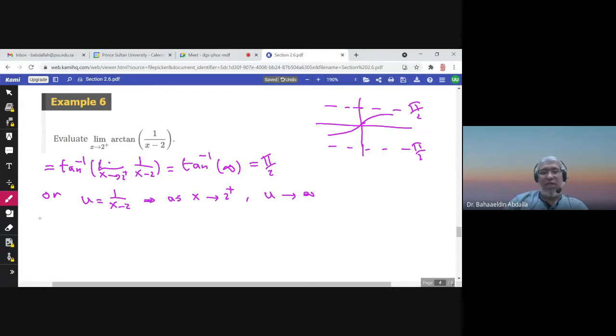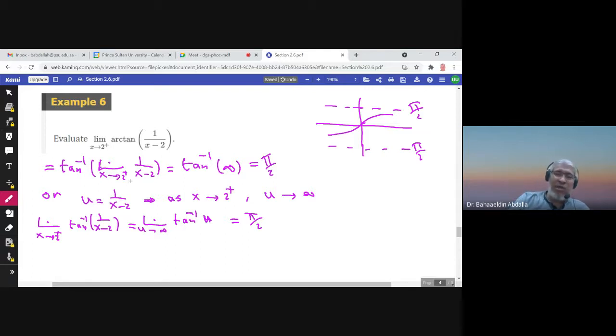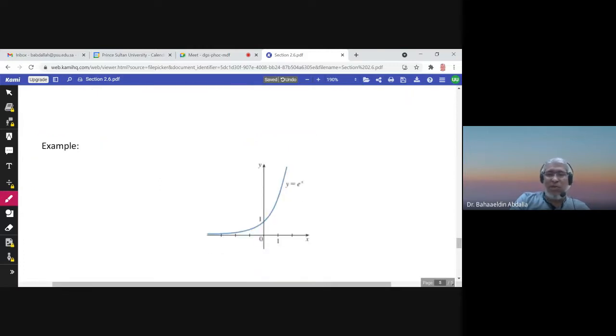So we can say that the limit when x approaches 2 from the right of tan inverse 1 over x minus 2 is equal to the limit of tan inverse u when u approaches infinity. And now the answer is pi over 2 as we know. So writing it like this is more mathematical, better in my opinion, but the answer in both cases is pi over 2.